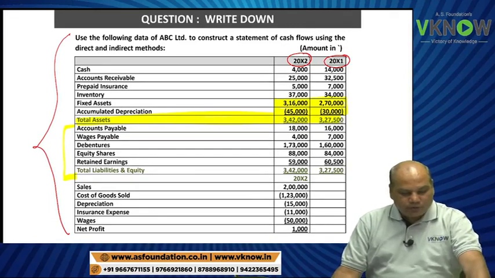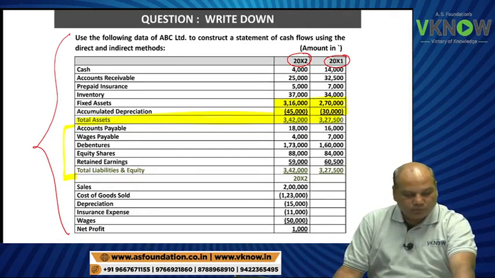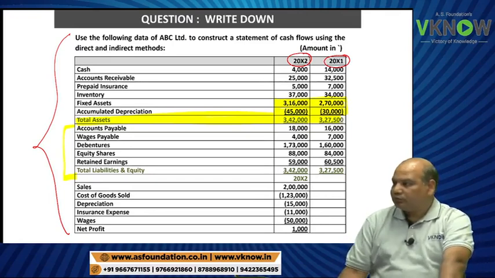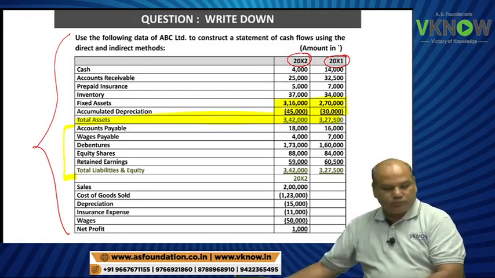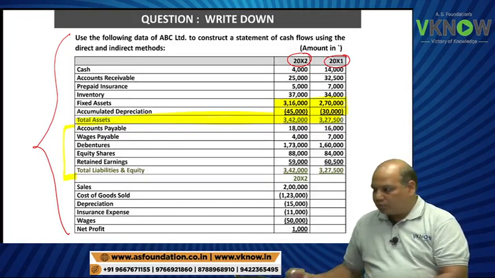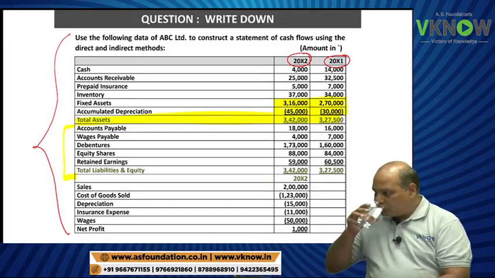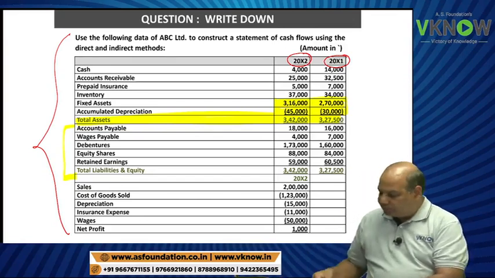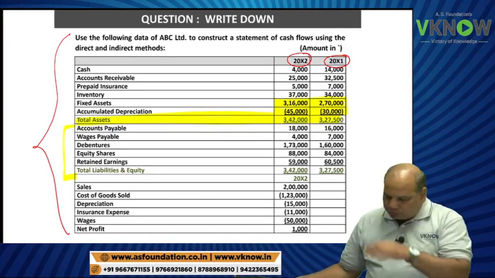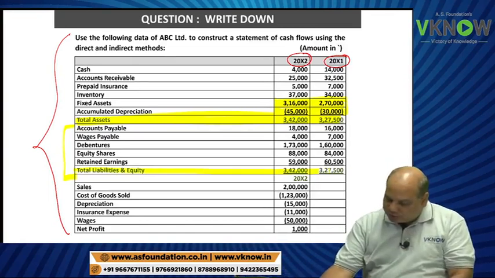Retained earning 59,000, 60,500. Total. So this is your liability side.